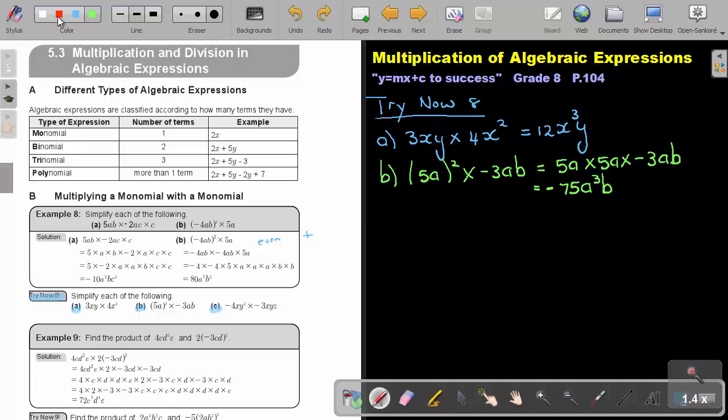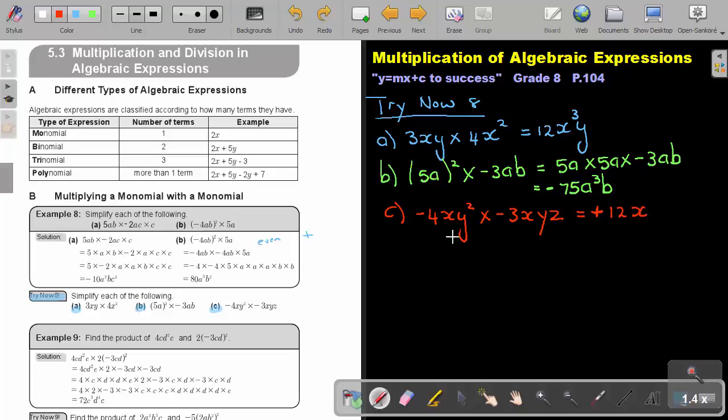And then let's look at number c. It's negative 4xy squared multiply negative 3xyz. Now, if I look at this one, how many negative signs? 2, it's an even number, so what will it be? Positive. 4 times 3, what will that be? 12.